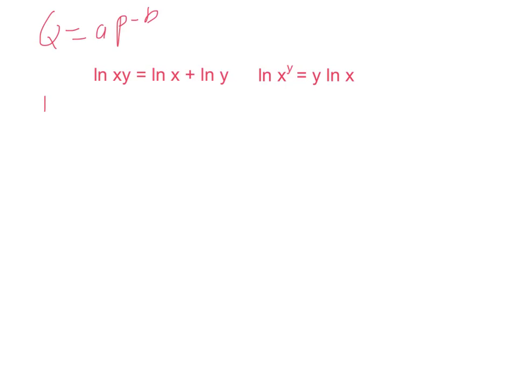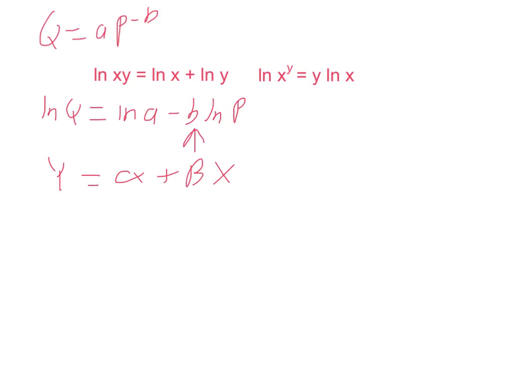So, if I take the natural logarithm of my constant elasticity demand function, I get log Q is equal to log A minus b log P. And that I can estimate using the regression model Y equals alpha plus beta X. Now my slope coefficient on log P gives me an estimate of the elasticity of demand.